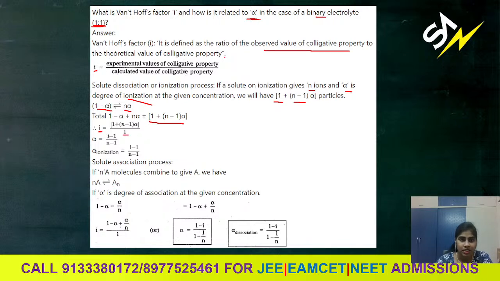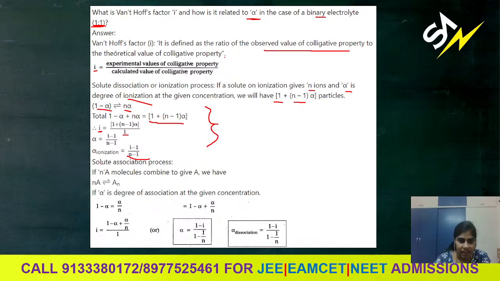Here the concentration is given as 1:1 for a binary electrolyte. So for a binary electrolyte, this is the ionization process for this binary electrolyte of 1:1 ratio.